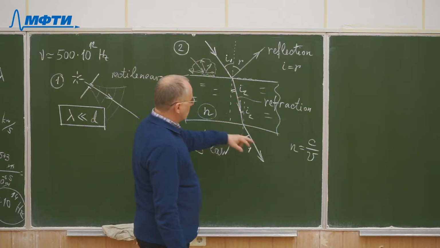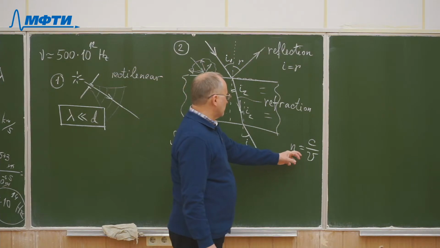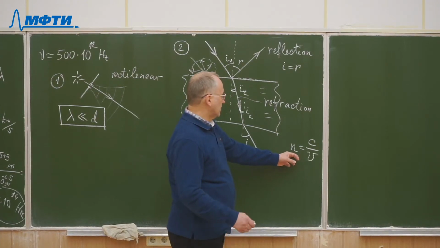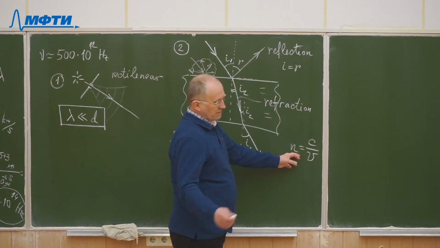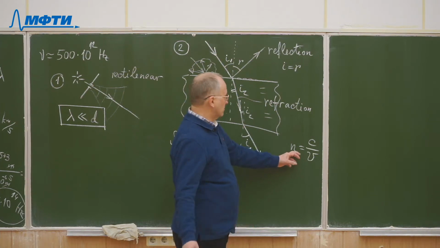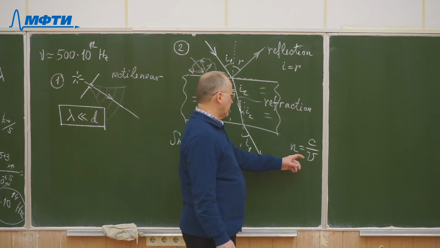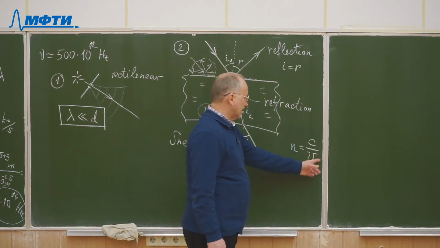So the refraction index n varies from 1 to 1.2, 1.3, 1.5, and in very exotic cases it goes higher, to 2 or more. Actually, it's about 1.5 or less.